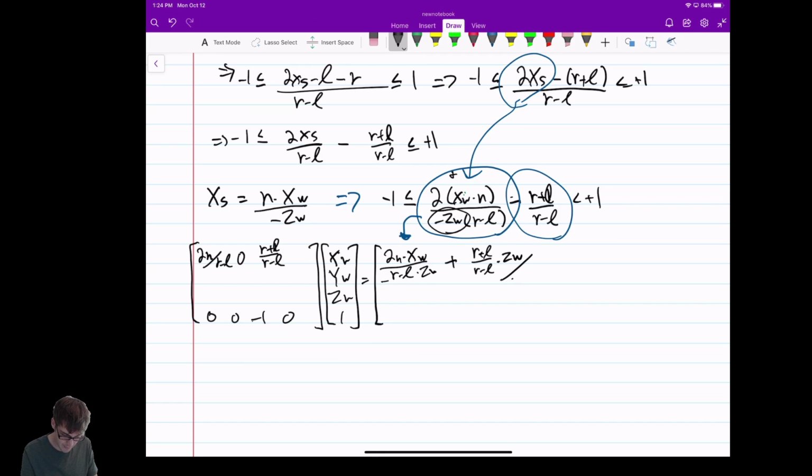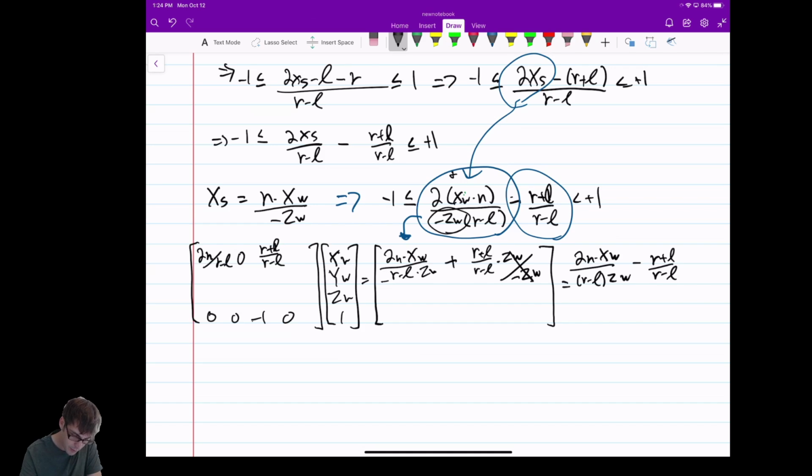But we divide everything by minus zw, so that goes away, and it will become a minus. Oh, okay. So I'm going to rewrite this a little more neatly. This becomes 2n xw over r minus l zw minus r plus l over r minus l.